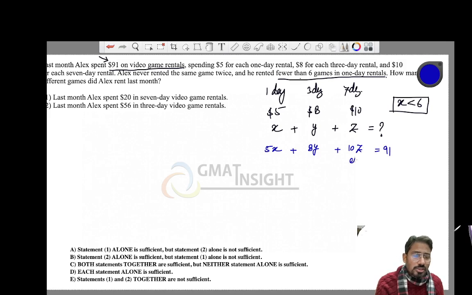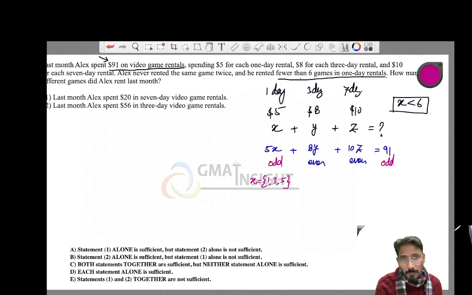But we already know that 8y has to be even, whereas 91 is odd. That simply means that 5x must be odd. Since 5x is odd, the possible value of x could only be either 1, 3 or 5, because only these are 3 values which are less than 6. Understood? This is one observation.